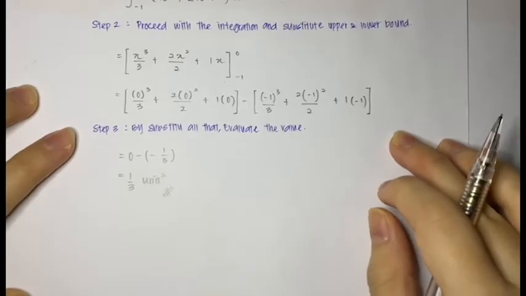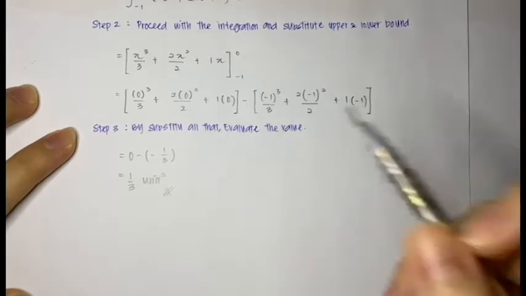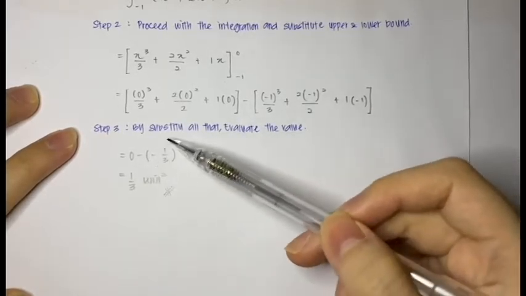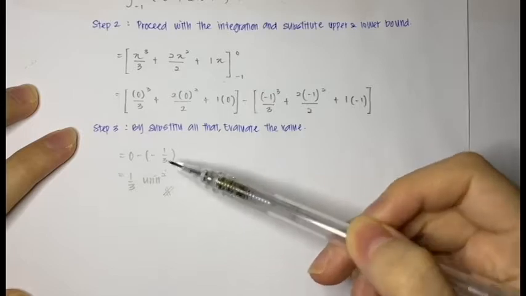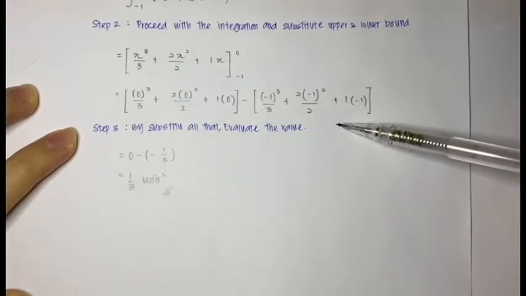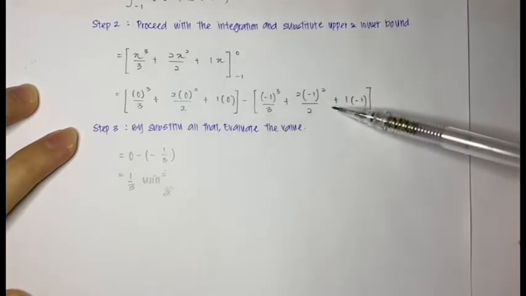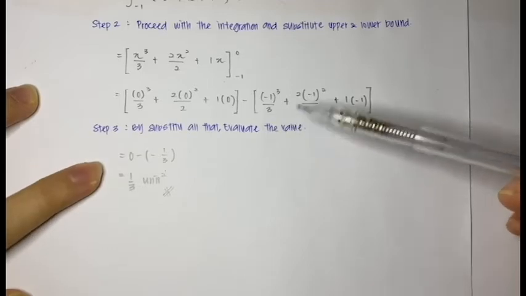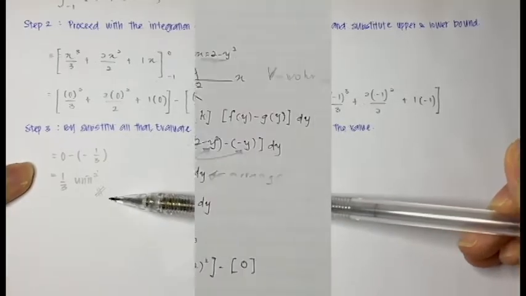Finally, we need to evaluate the value of 0 minus negative 1 over 3, which we got from substituting all this, and then the final answer is 1 over 3 unit squared.